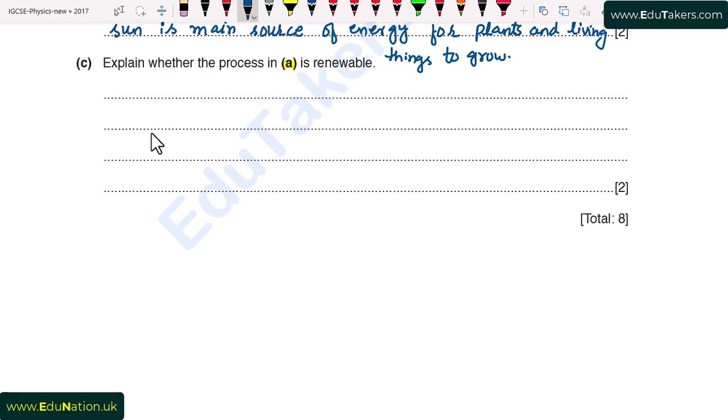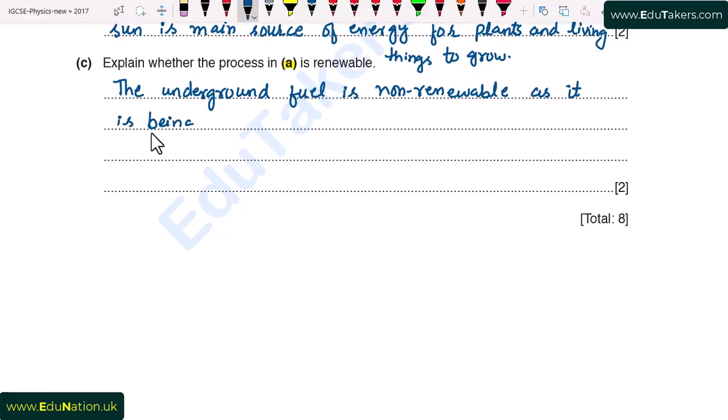The underground fuel is non-renewable as it is being consumed fastly.